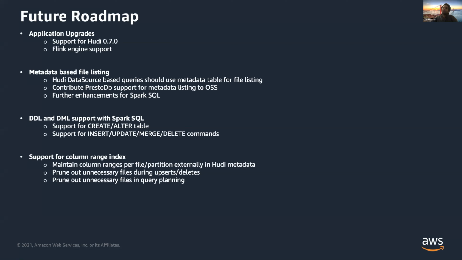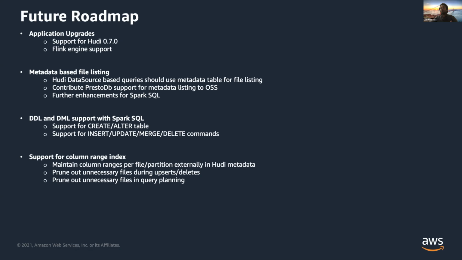One of the main features that we want to work on this year, which is asked for by a lot of our customers, is DDL and DML support. Customers want to be able to create and alter tables through SQL and be able to insert and update with SQL on their Hudi tables, and even be able to delete or upsert based on any random column, not just based on the record key and the partition path.